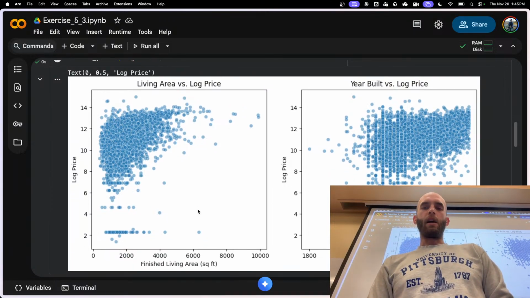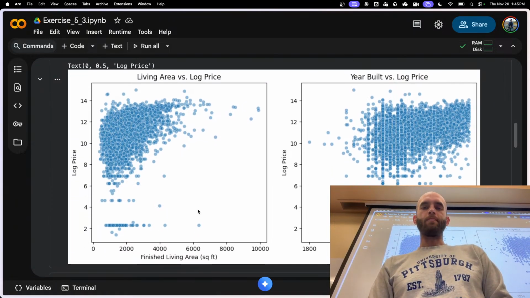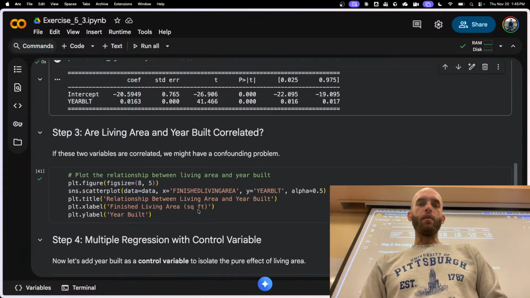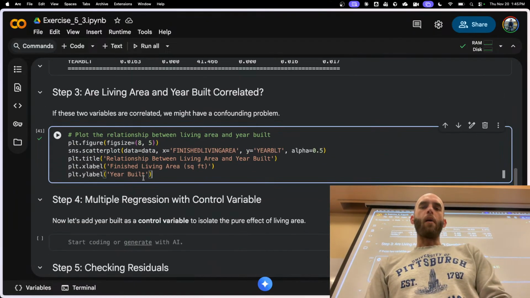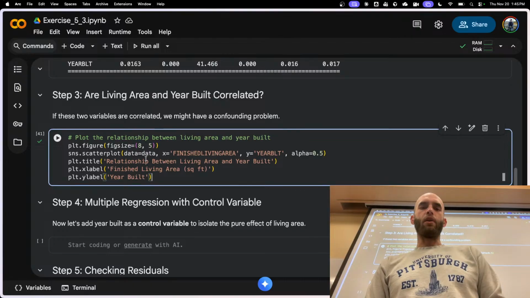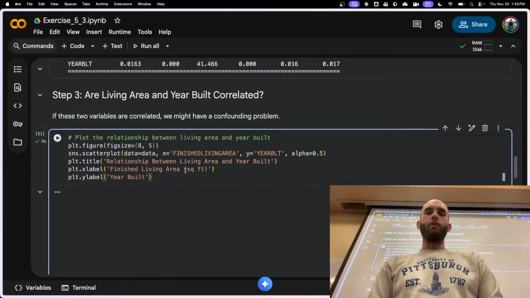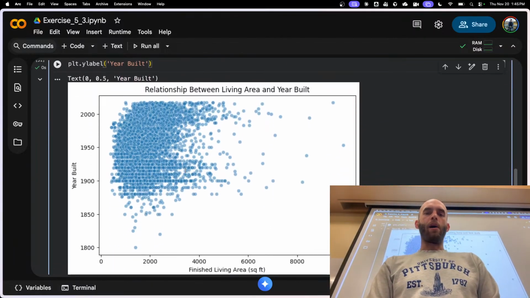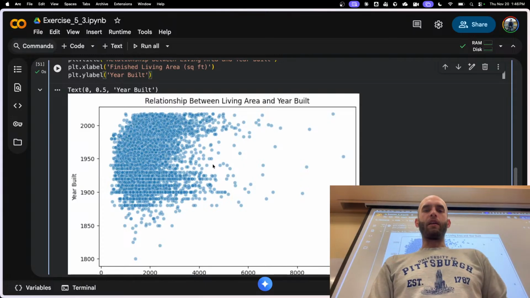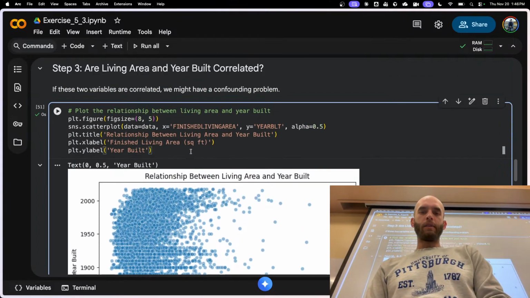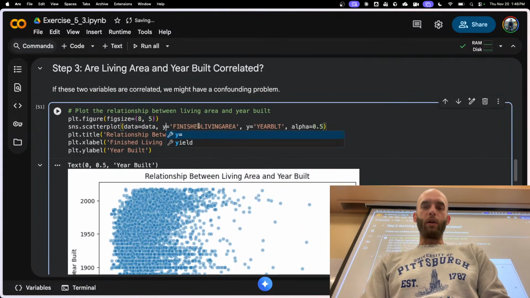So we're running a line through these two. One of the questions we have though is whether living area and year built are correlated. I've already shown you the figure here. You can run this for yourself. But the answer is basically yes. We could flip X and Y if we wished.